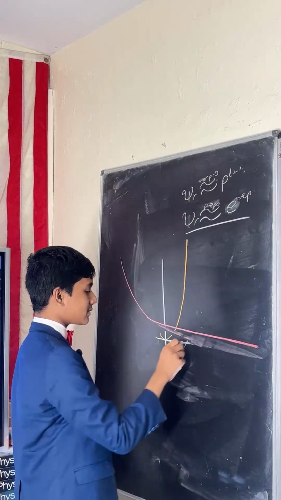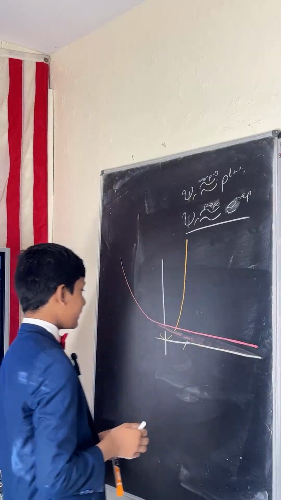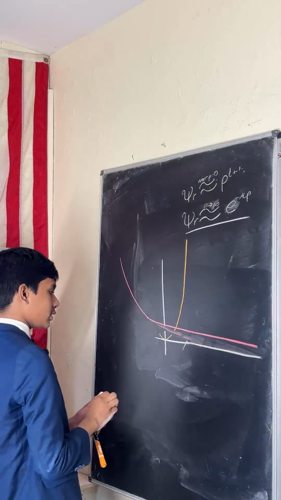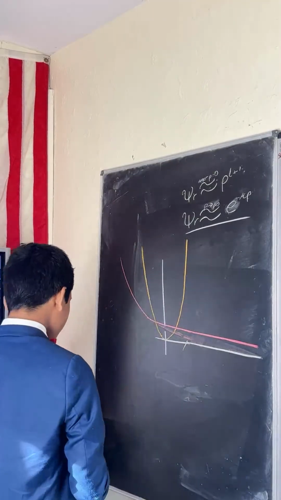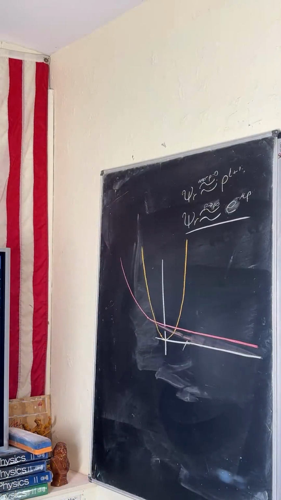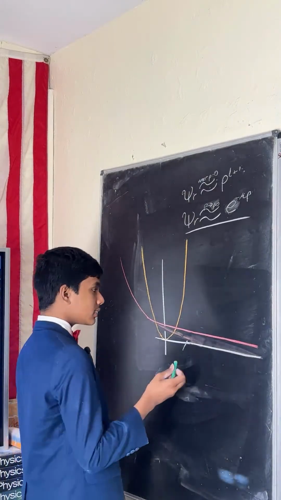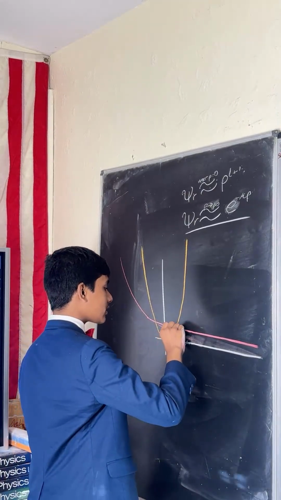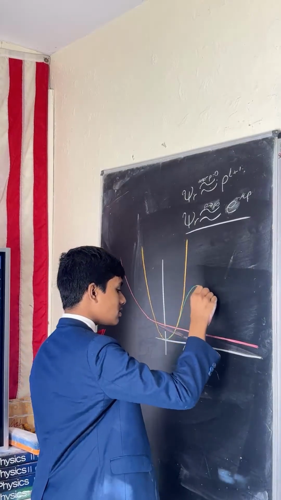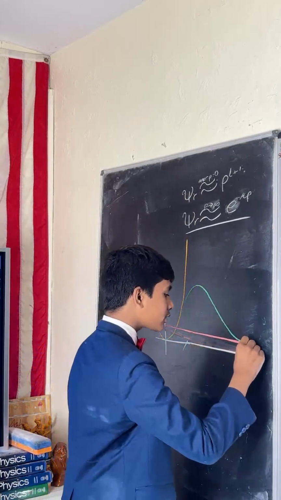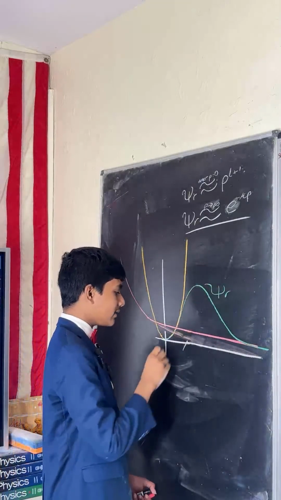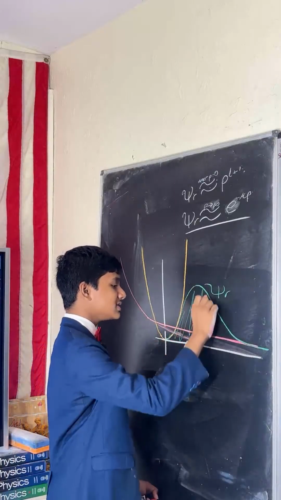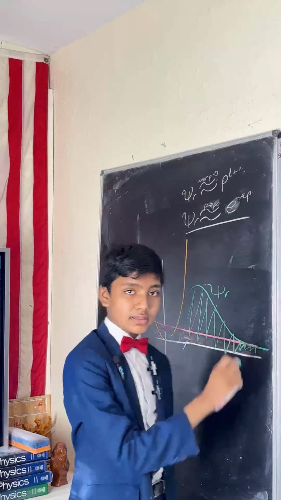Might look something like that. And both of their integrals diverge when you look at them over the entire real line. That's not the important part. The important part is that the function we are actually looking for, psi r, is going to act like this in the short term and act like this in the long term. And at the end of the day, its integral is going to stay finite. That's what we want.